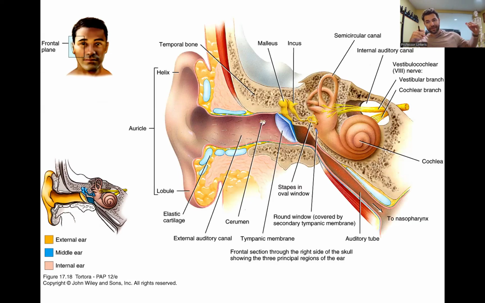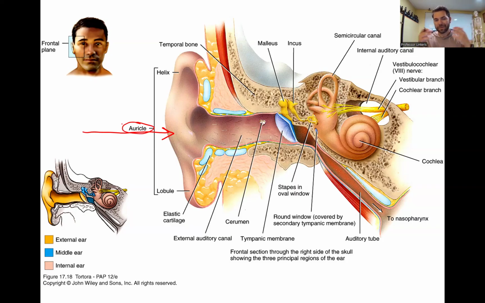In the same process, instead of a light wave, we're going to be talking about a sound wave, right? Sound waves are basically more or less vibrations of air that can travel from some type of sound source, and they are going to enter in through the outside of the ear. The outermost portion of the ear is called the auricle.